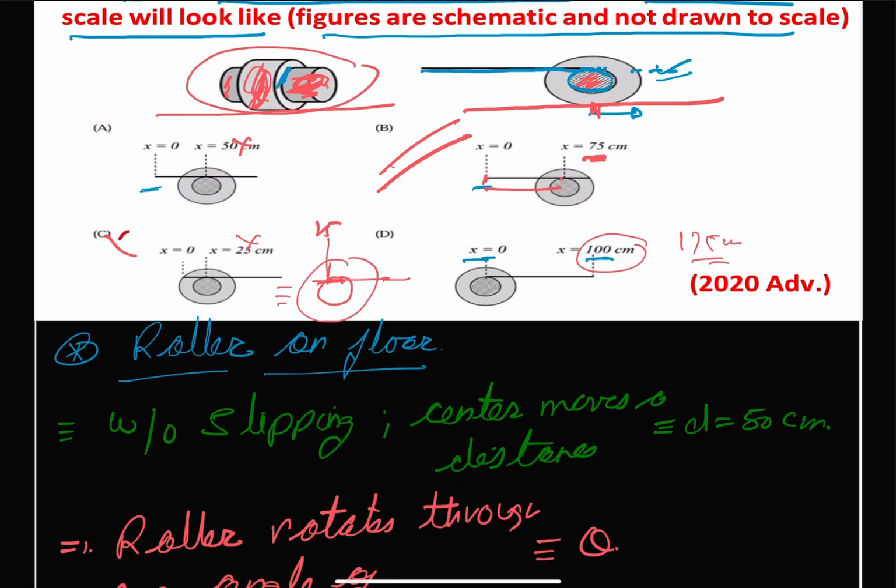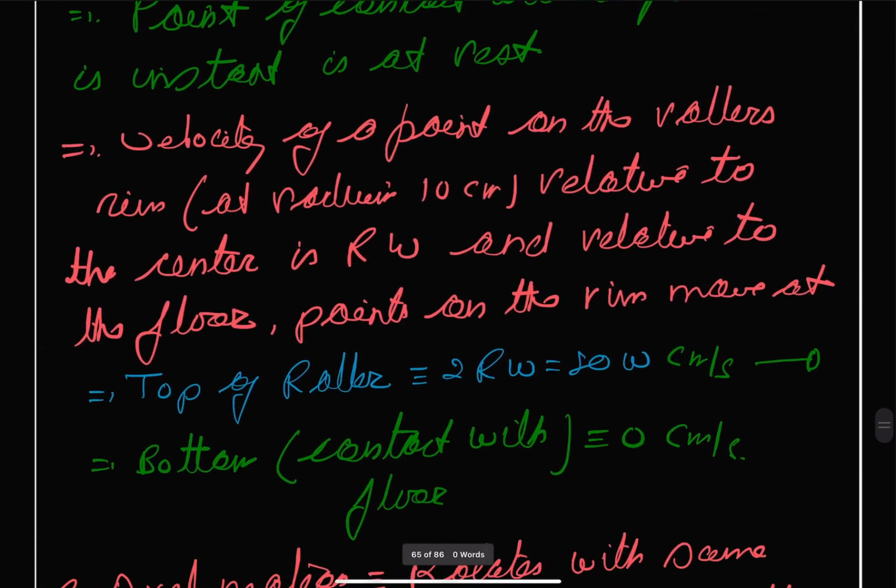Okay, so this option is incorrect. This we can clearly see cannot be equal to 50. So this completes the question.